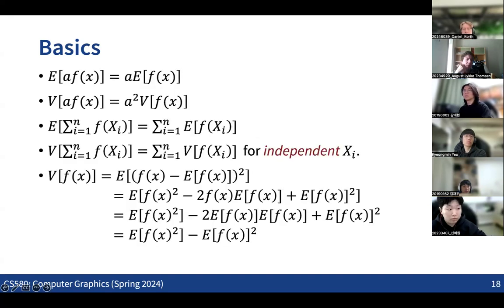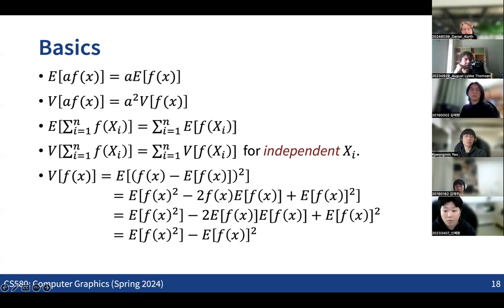From the properties of the expected value and the variance, we can see the following. The expected value of a function multiplied by a scalar is the same as the expected value multiplied by the scalar. The variance is different: with a scalar term, it is the same as taking the variance first and then multiplying by the square of the scalar.